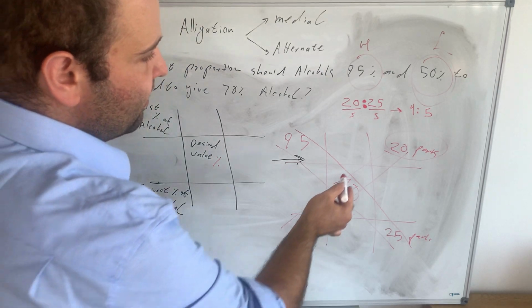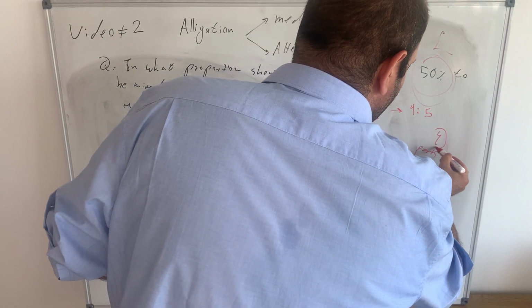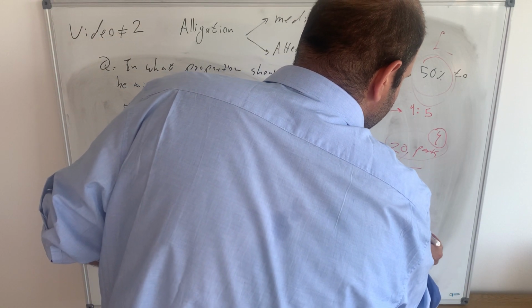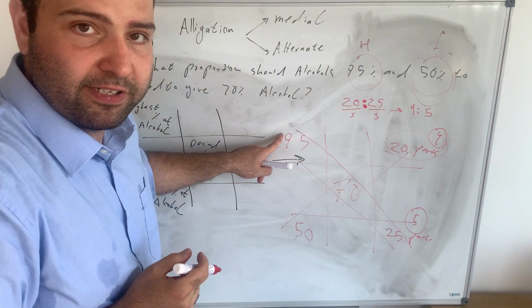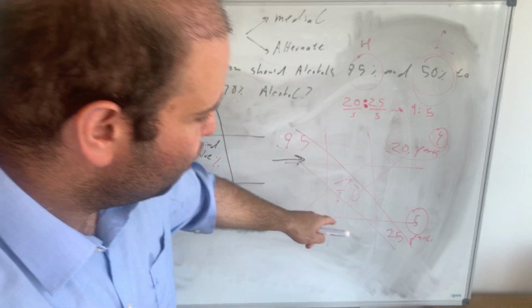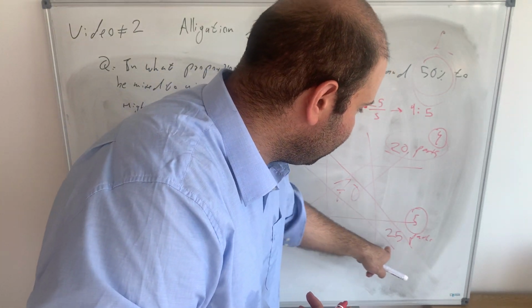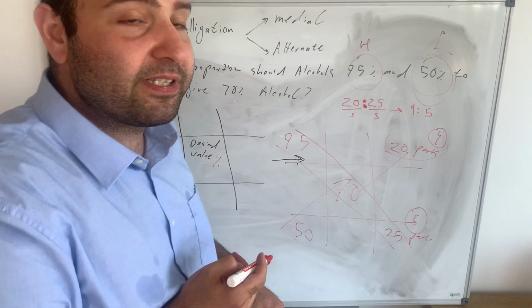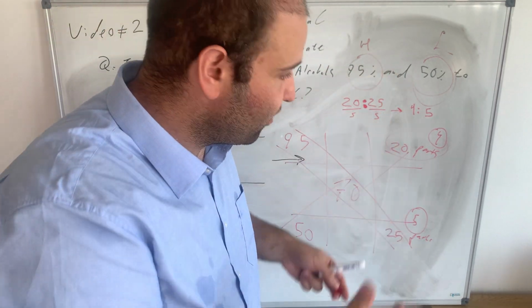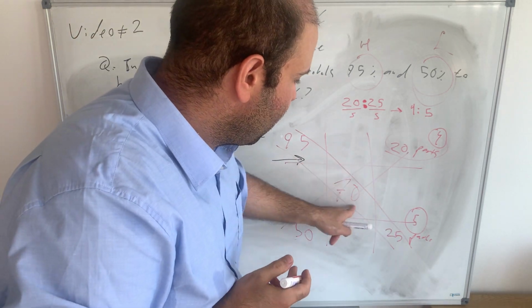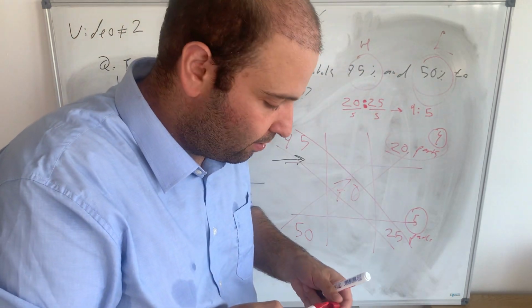Instead of 20 parts, we can write 4 parts, and instead of 25, we can write 5 parts. So 4 beakers of alcohol 95% should be mixed with 5 beakers of 50% ethanol to give 9 beakers of 70% ethanol.